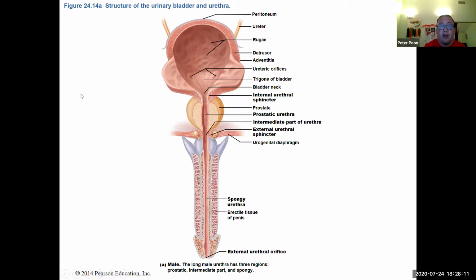Both the male and female have this area called a trigone. This is made by the three things that open into the bladder, the two ureters and the one urethra. Together they form a trigone. The trigone is important because UTIs actually persist in the trigone.